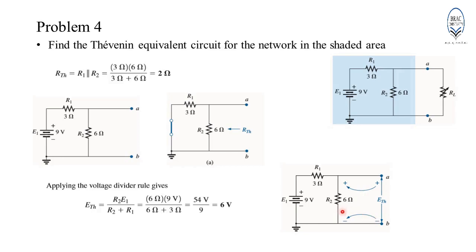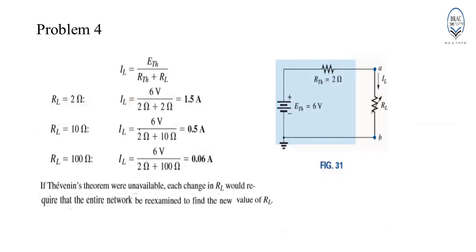Using the voltage divider rule, we can easily determine the voltage drop across R2, which is equal to 6 volt. So, R Thevenin is equal to 2 ohm and E Thevenin is equal to 6 volt. The last step is to draw the Thevenin equivalent network along with the load resistor which was removed from the original network in the first step.